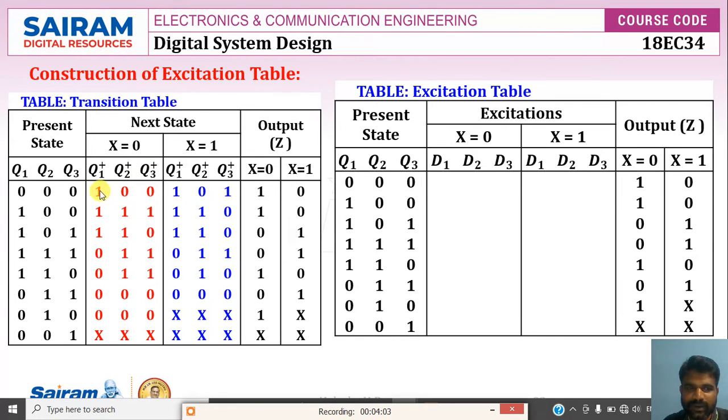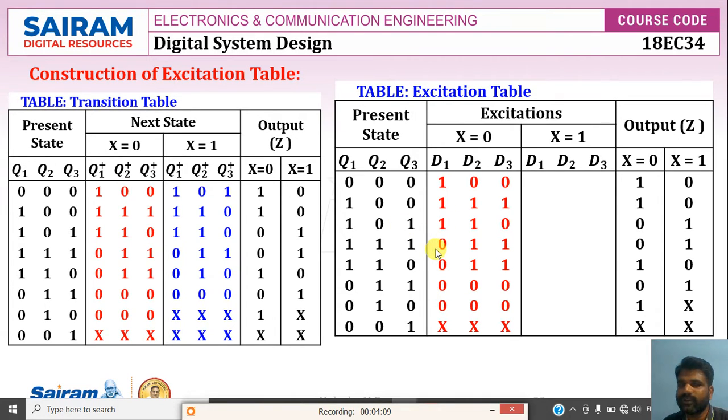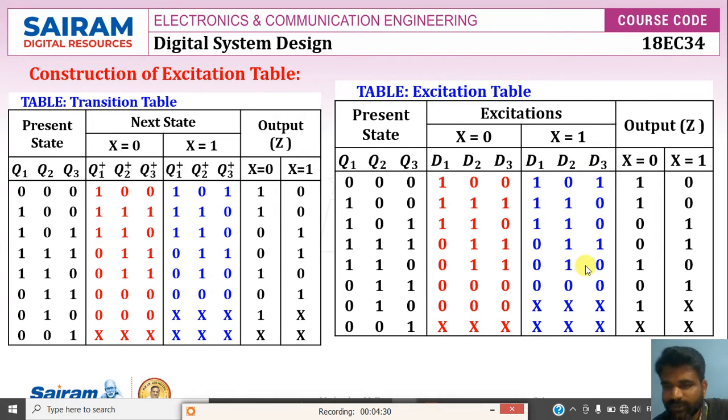That means these columns are written here. Similarly, when x is equal to 1, D1 is equal to Q1 plus, D2 is equal to Q2 plus and D3 is equal to Q3 plus. So this will be written here. Clear now? Fine.